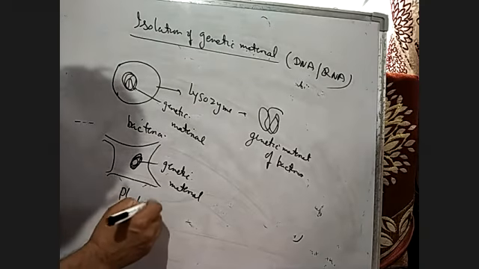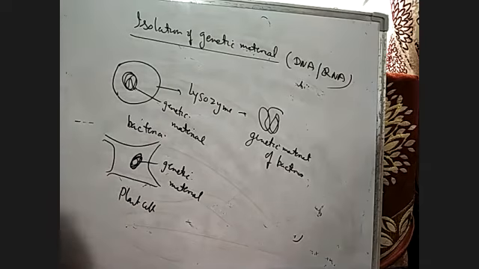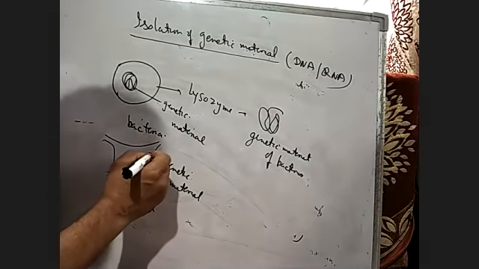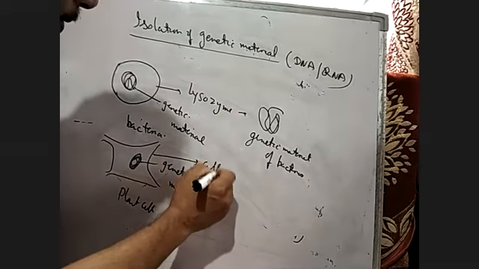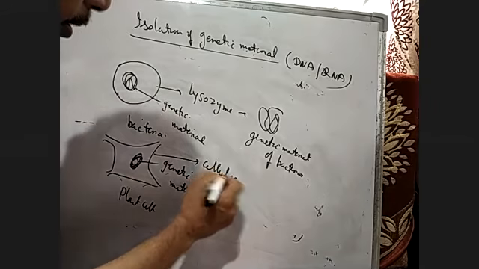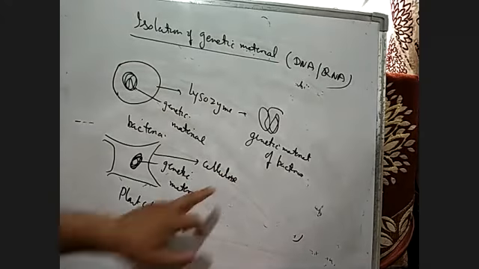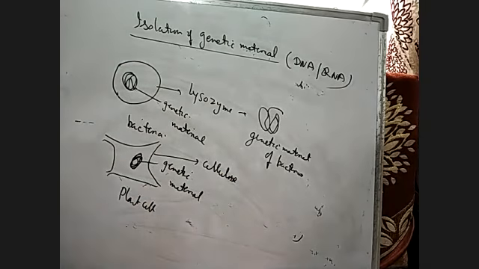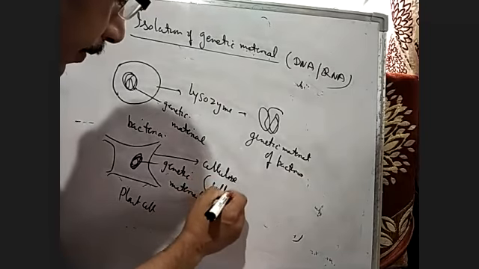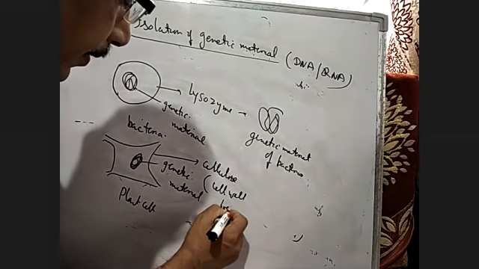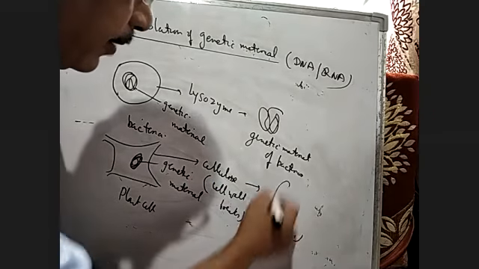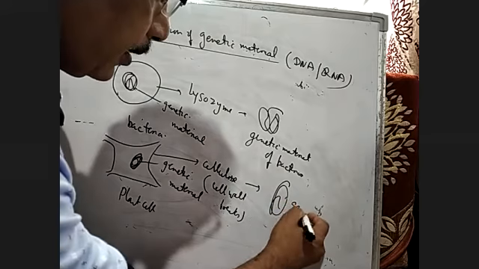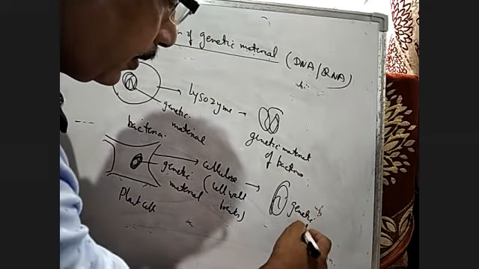Here we have to use the enzyme cellulase. By the enzyme cellulase, the cell wall will be broken down, and the genetic material will come out.